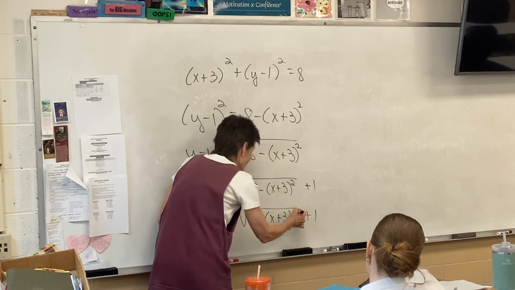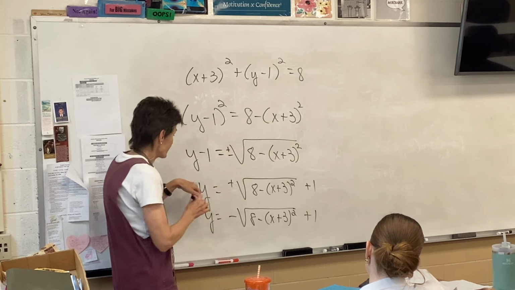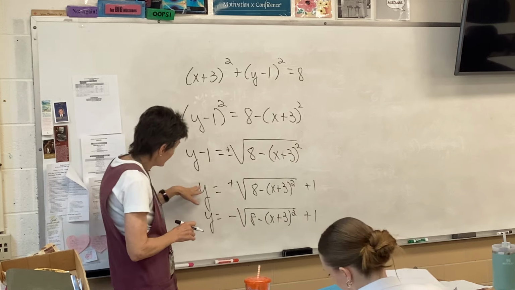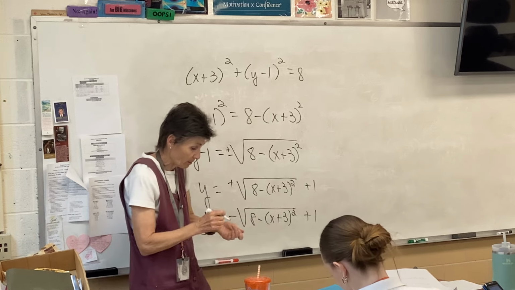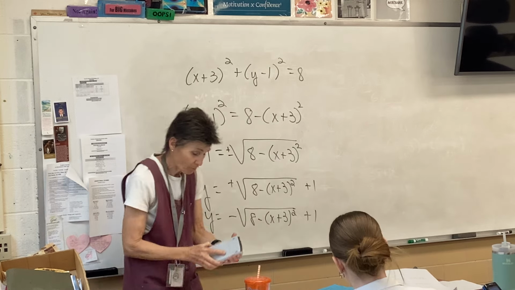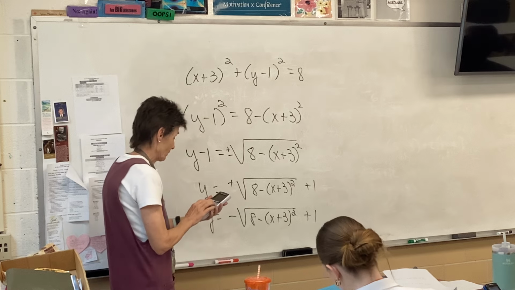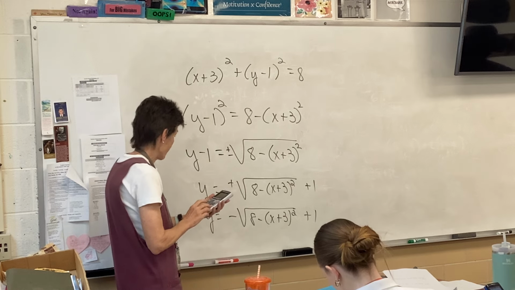Now, let's graph just the positive one. So go ahead and type that. See if you can type that in on your calculator. Watch your parentheses. I think you can do it.